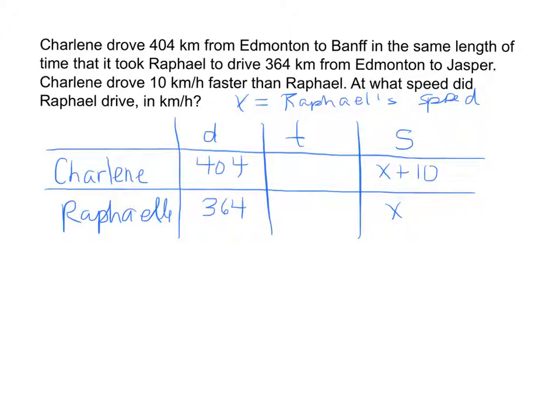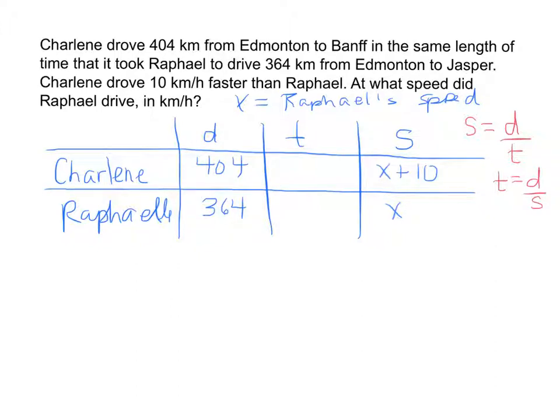The third column we fill in based on the relationship between distance, time, and speed. So here's what I know. I know that speed is equal to distance over time. Did you guys know that? We can rearrange it to get time is equal to distance over speed.